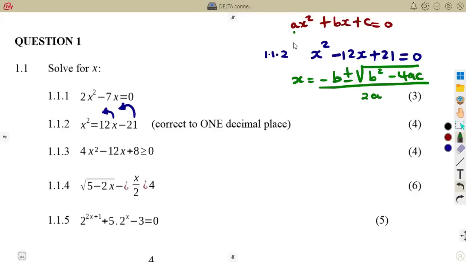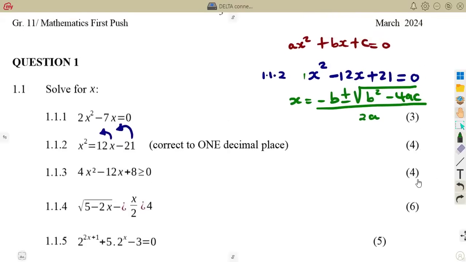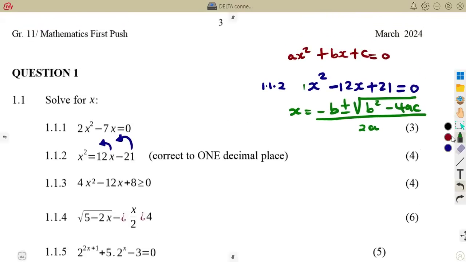So from this, a, the coefficient of x squared, which is 1 in this case, all right? B, the coefficient of x, which is minus 12, and c is what? The constant. So that means you're going to substitute these values into the formula. Like I said, our a is equal to 1. Our b is negative 12.